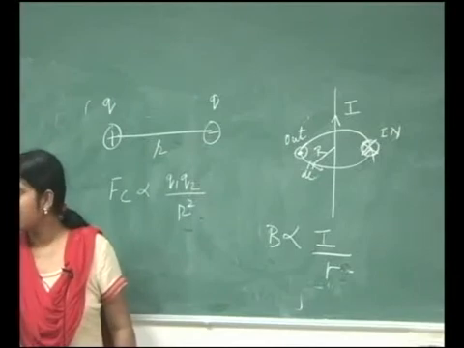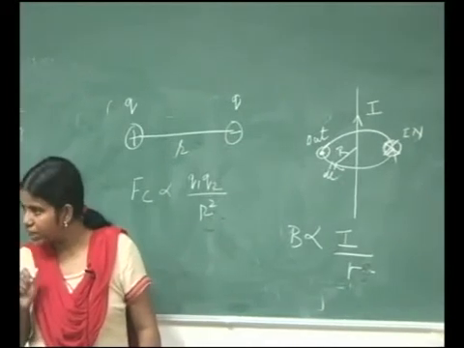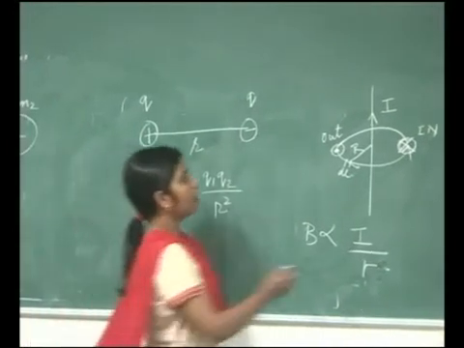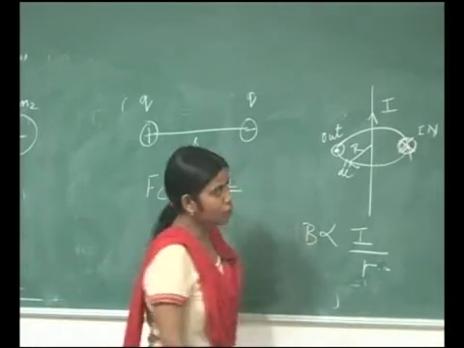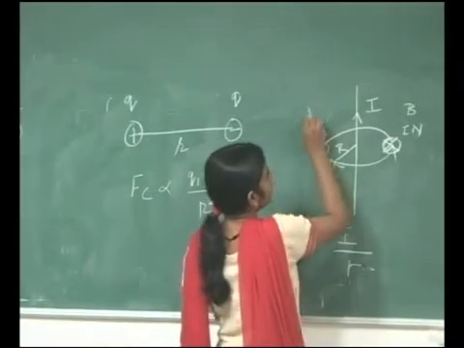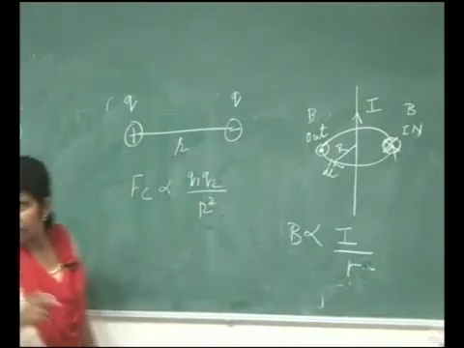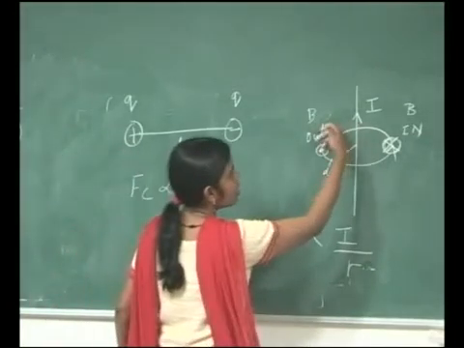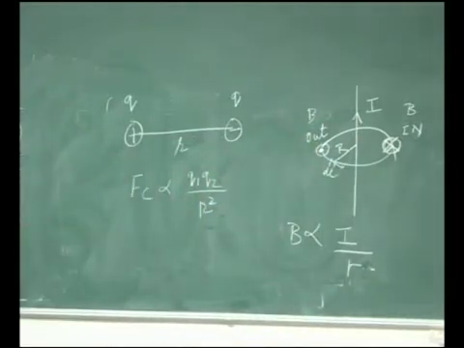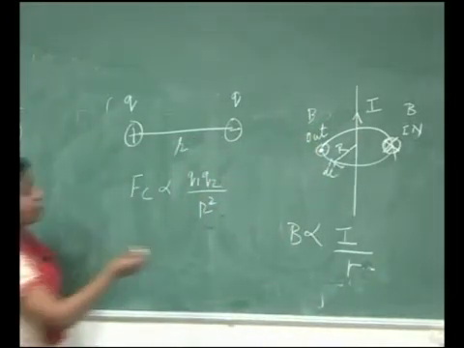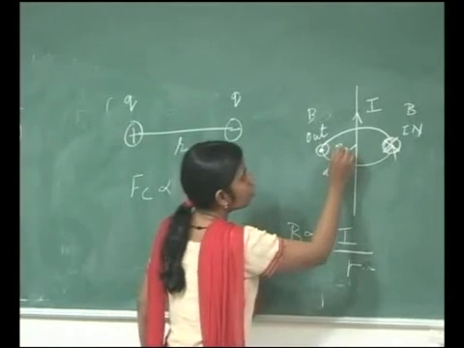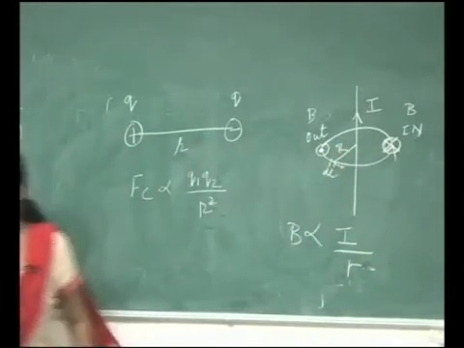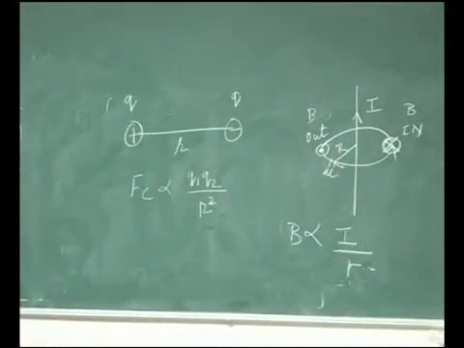Now this B is the magnetic field, B in and B out, penetrating into the board and then circulating inside and coming out of the board, right. So, the direction of B is perpendicular to both r and dl.